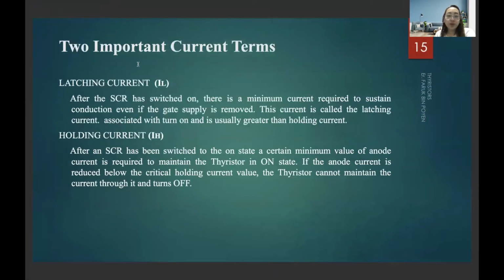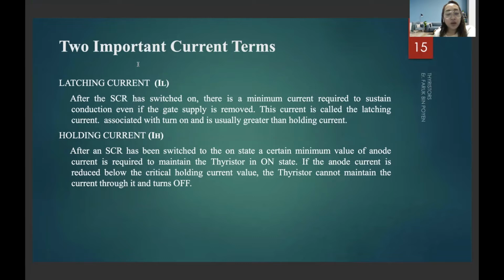So we have two important current terms. First, the latching current. After the SCR has switched on, there is a minimum current required to sustain the conduction even if the gate supply is removed. This current is called the latching current, associated with turn on, and is usually greater than the holding current.